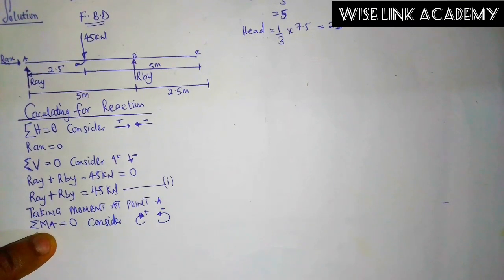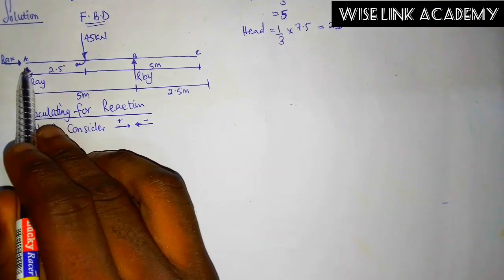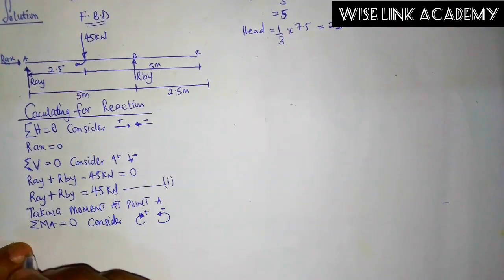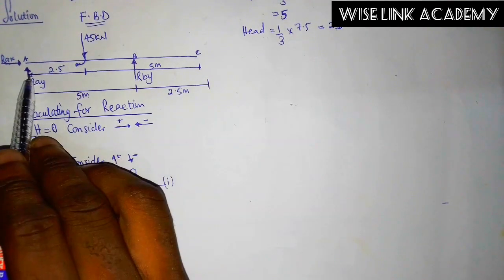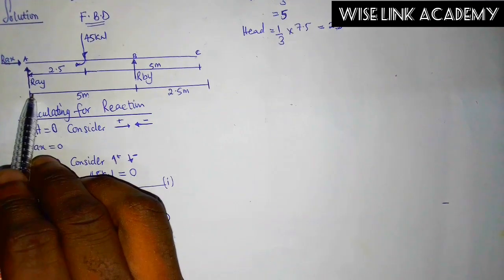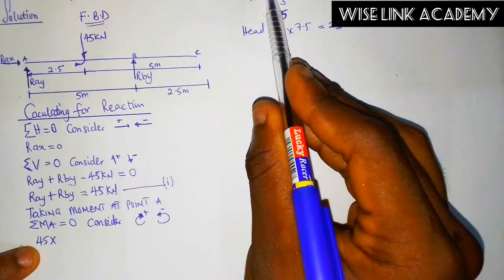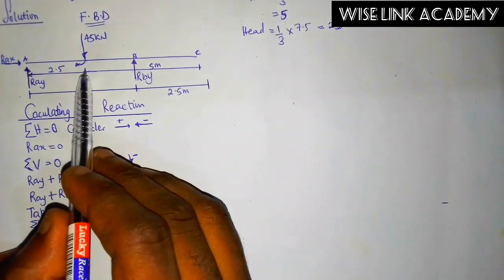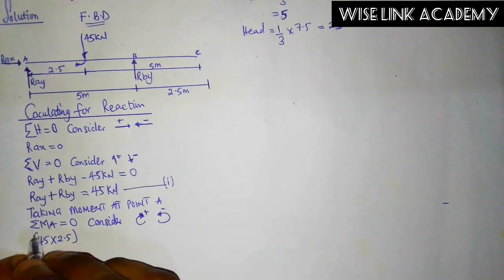So this is the fastest way for this to move to this place. So it's moving in a clockwise direction. I'll be having 45 times the distance it has covered, which is 2.5, not from here to here, it is 2.5. That is the excess of calculating for apex and head. So from here to here is 2.5, isn't it?